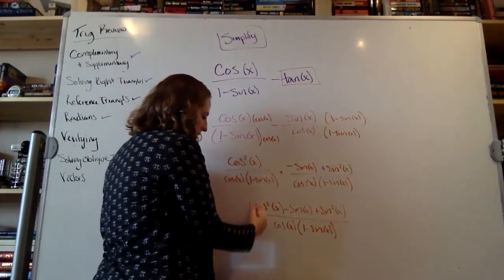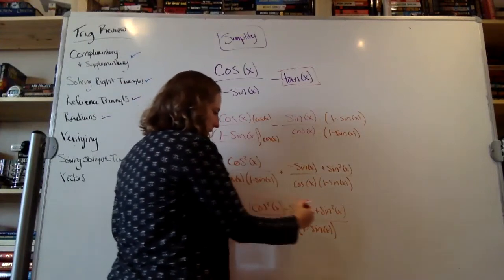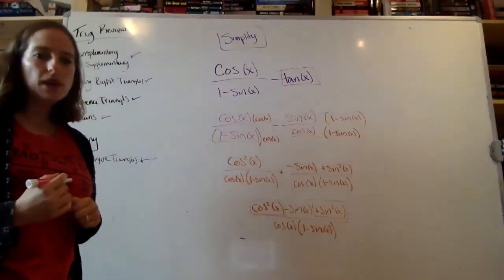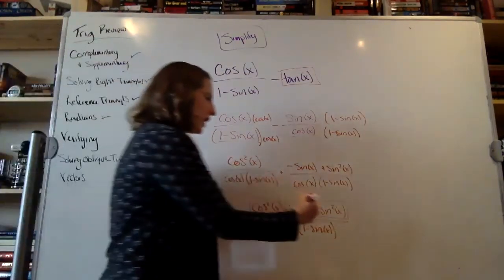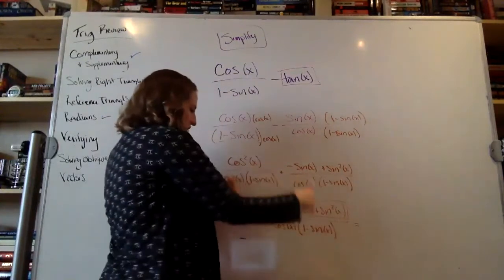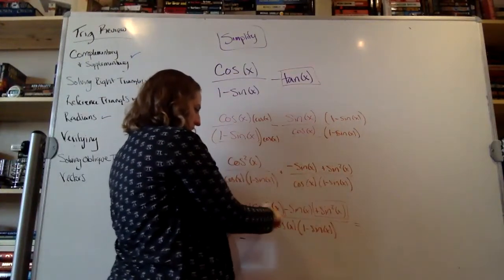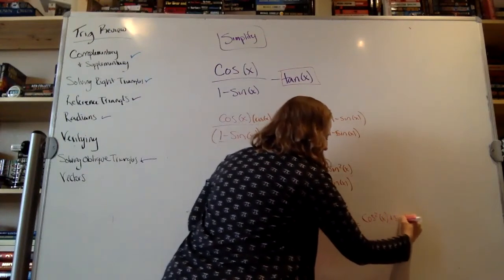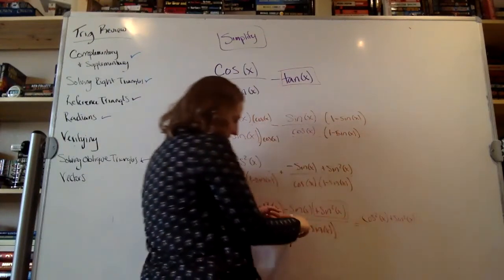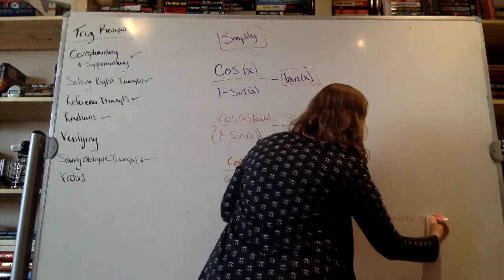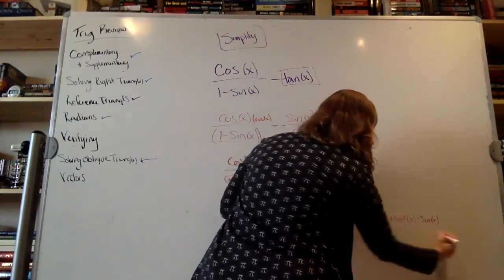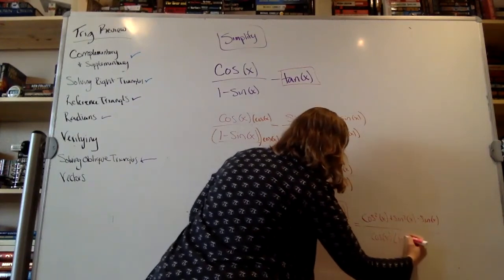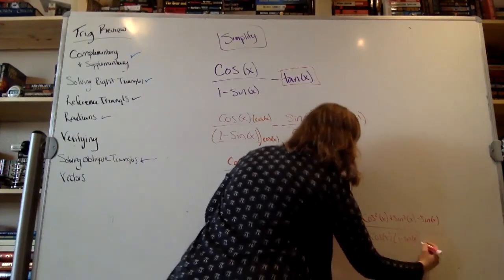Because I notice in my numerator, I've got a cosine squared plus a sine squared. So if I do a little bit of reordering in my numerator, all I'm going to do is change the order of things in the numerator. I'm going to put cosine squared and sine squared together. So cosine squared of x plus sine squared of x. And then I still have this minus sine of x. All over, I didn't do anything in the denominator. Cosine x, 1 minus sine x.